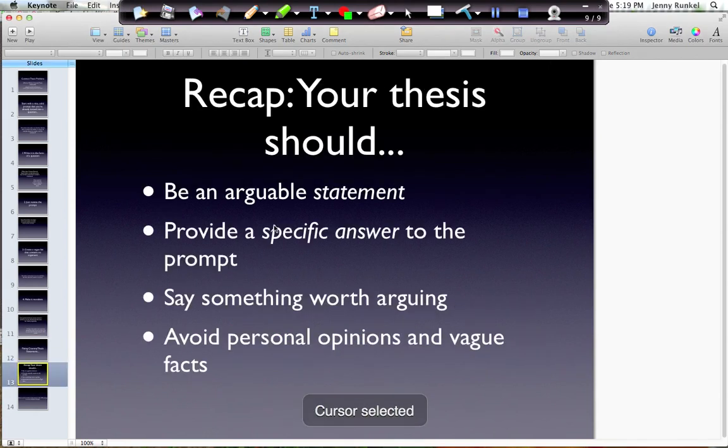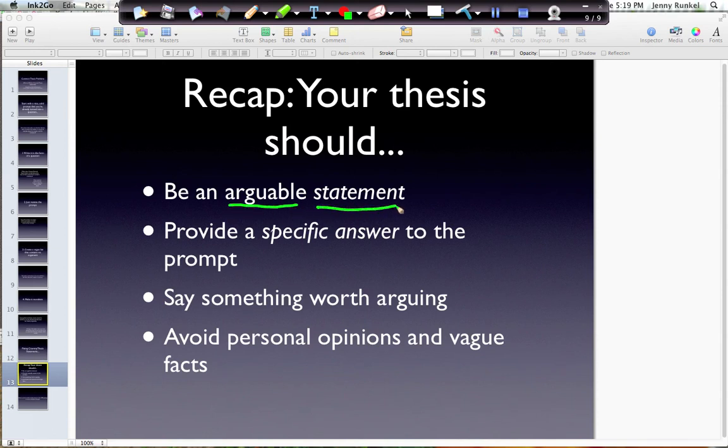Okay, so let's recap. We looked at different ways to make your thesis crummy. Now, how to write a good thesis, basically the opposite of everything we just said. You need your thesis statement to be something that you can argue, and you need it to be a statement. Pretty self-explanatory. You need your thesis statement to provide a specific answer to all parts of the prompt.